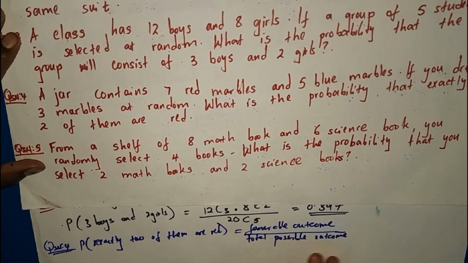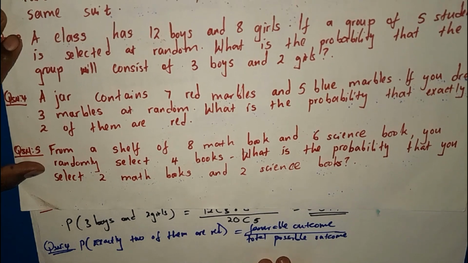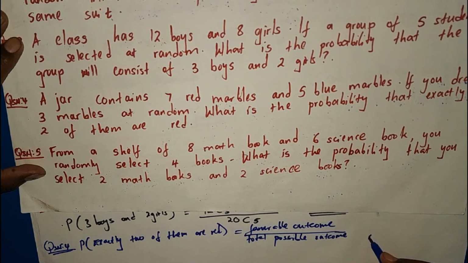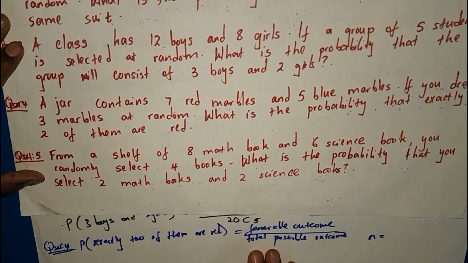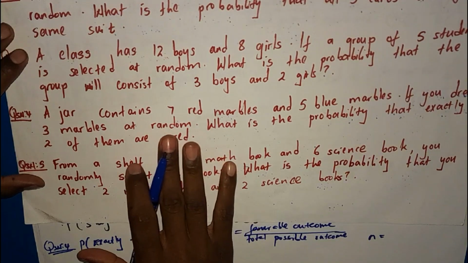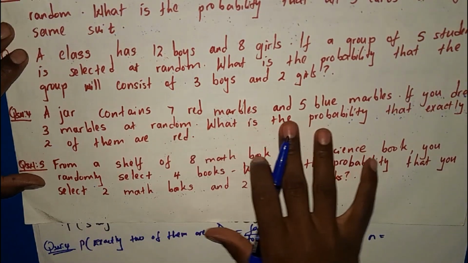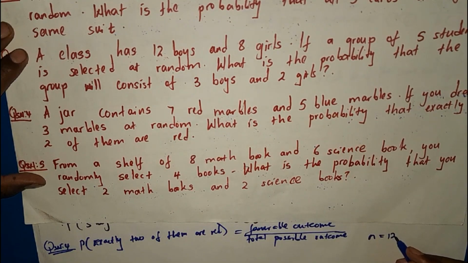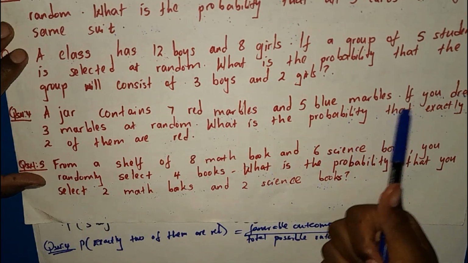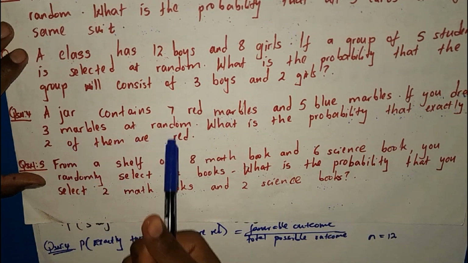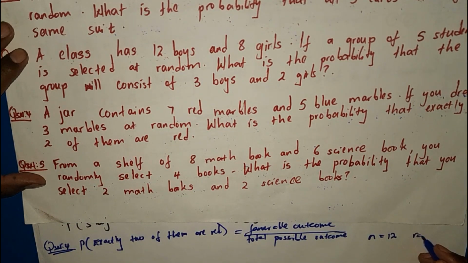So we are going to first calculate the total possible outcome. For the total possible outcome, n is the total number of marbles we need to select from, so 7 red marbles plus 5 blue marbles is equal to 12. And then how many do we need to choose? If you draw 3 marbles at random, our r is equal to 3.